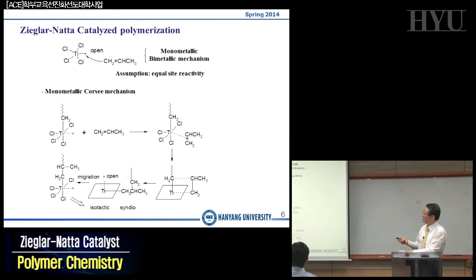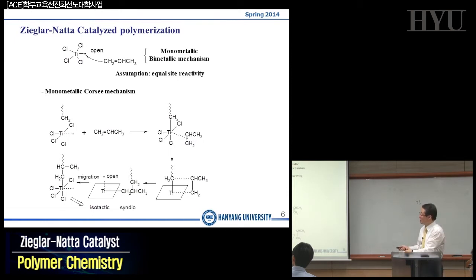This assumption is that these five sites for chloride, or open sites, could have the same reactivity. So if you have a titanium tetrachloride, then the vinyl group will occupy this open space, so that the vinyl group could be added in here.